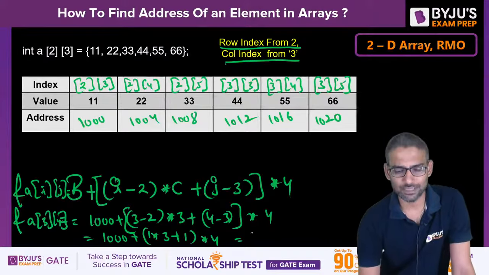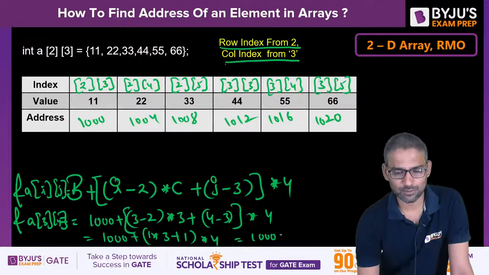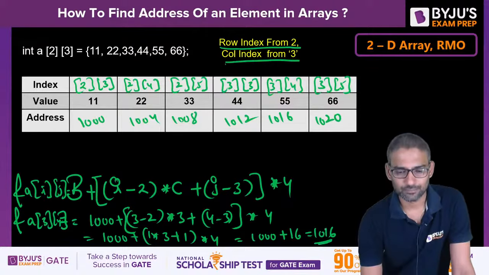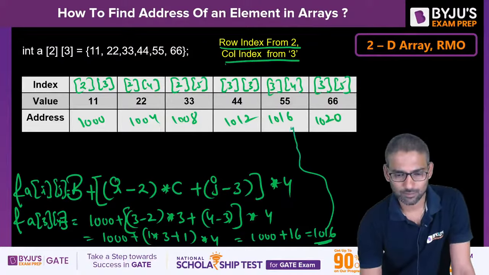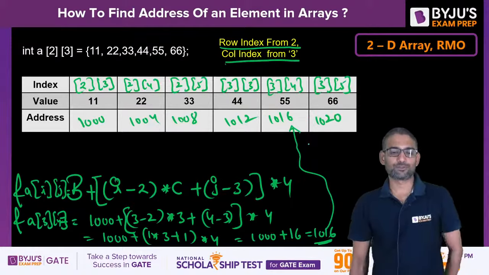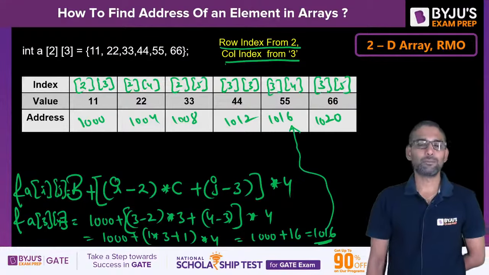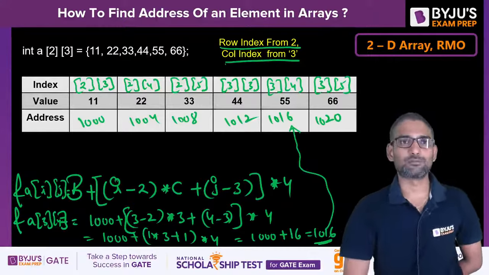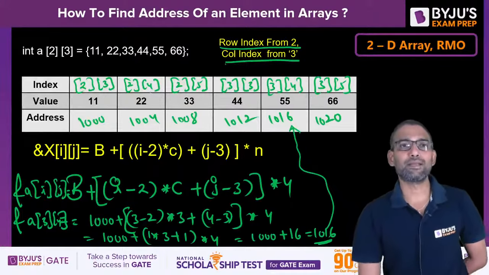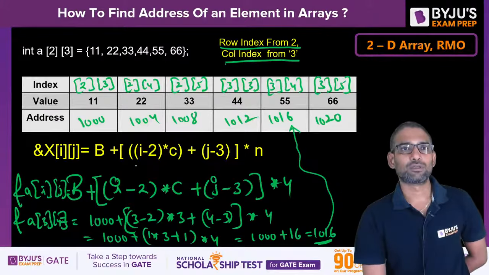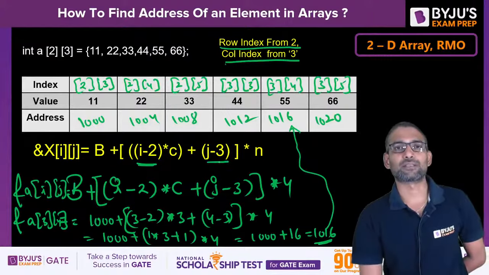This is 1000 plus 4 into 4, 16, 1016. Is it not 1016? Address of 3, 4. Yes, so this is the formula I use: I minus 2, J minus 3.